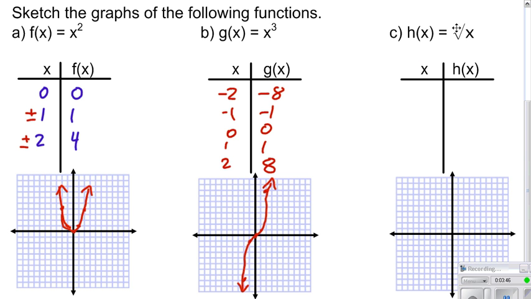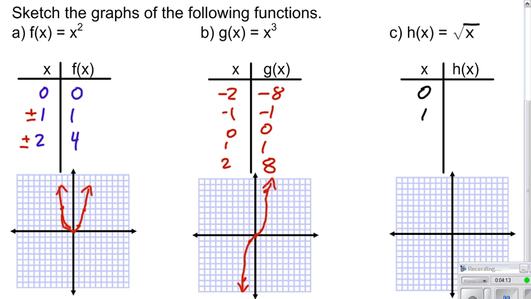For example C, square root of x. We need to pick some values. Now for square roots, we can't take the square root of a negative, so we can only plug in 0 and positive numbers. So 0, 1, 2, and let's actually skip 2 because square root of 2 is going to be too hard to graph.